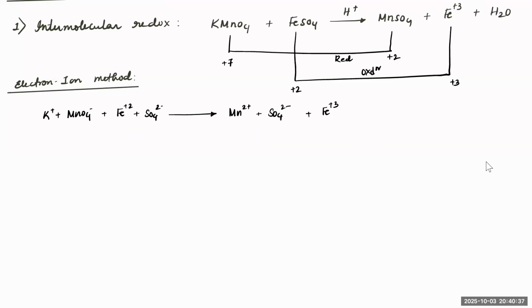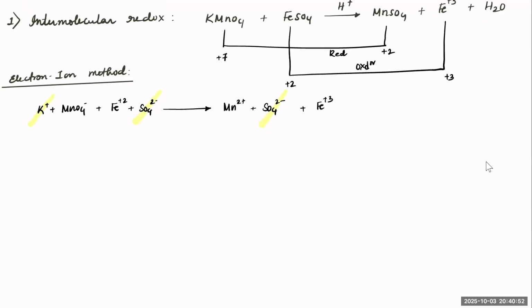Then you will delete those species which are just acting like spectators. They are not a part of redox, like K plus, SO4 2 minus, and SO4 2 minus here, right? These are called spectator ions. So remove the spectator ions.